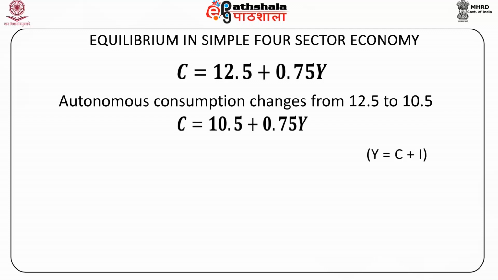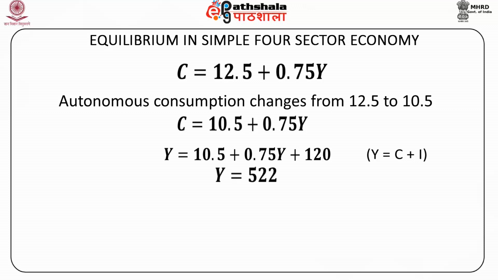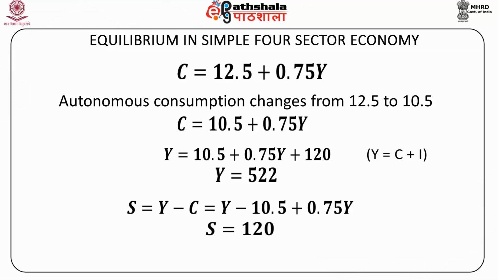By solving this equation, we get Y is equal to 522. At the new equilibrium income of 522, savings is equal to S is equal to Y minus C is equal to Y minus 10.5 minus 0.75Y. Substituting the value of Y as 522, we get S is equal to 120. Thus, S has remained unchanged at 120, which is equal to I in the new equilibrium.